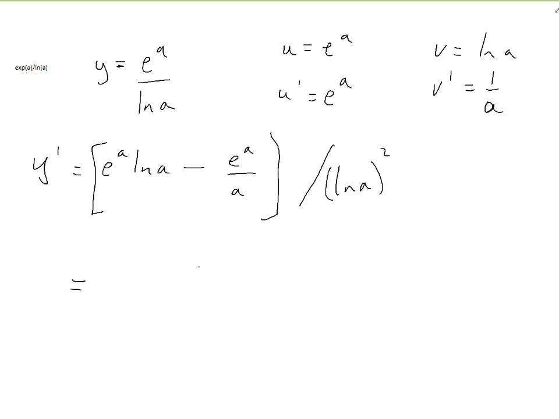There's not much you can do to simplify this, it's just horrible. So I think I probably would divide this by this and put that as a separate term. Like this. So that's 1, log a to cancel out. But here there's really nothing can cancel out, it's just a horrible expression.